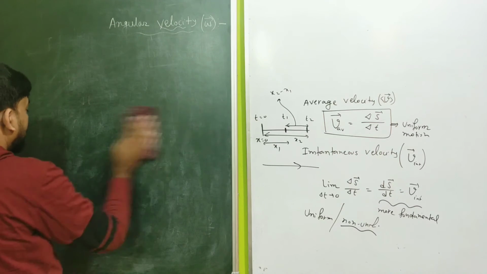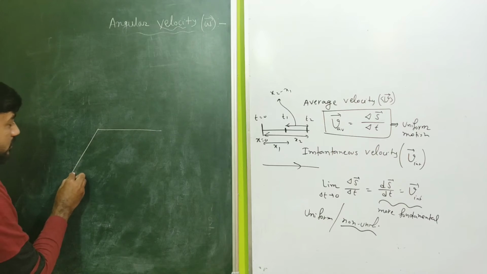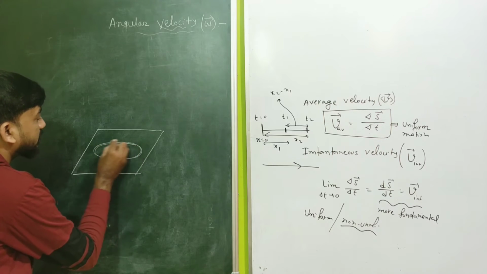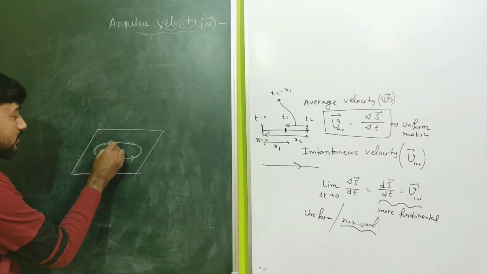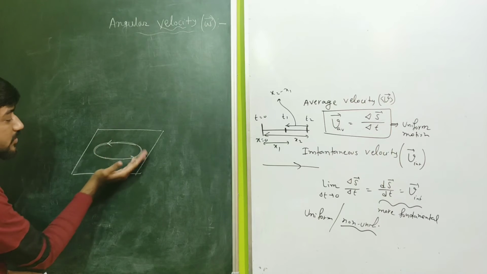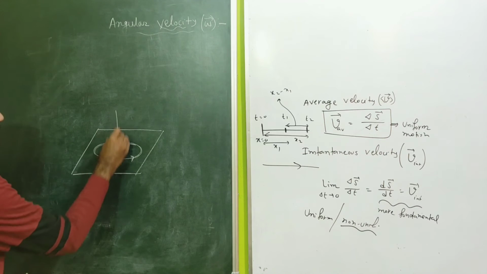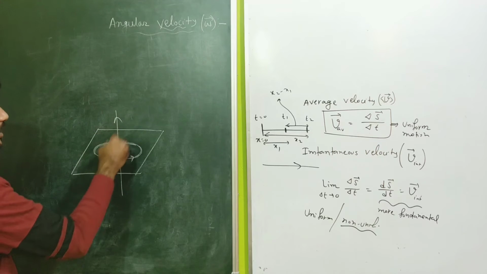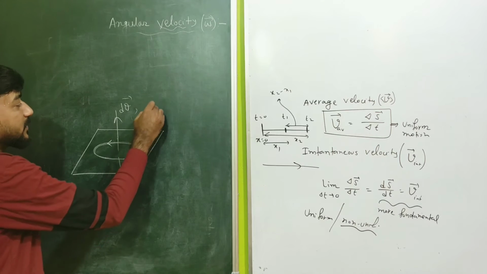If we take this as the plane, and the particle is rotating like this in this plane, this is the direction of rotation, so you curl your right hand like this, and your thumb gives you the direction of the pseudo vector or axial vector quantity. The axial vector will be along this direction, whether you talk about d theta or about omega.